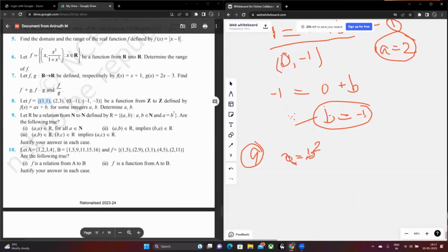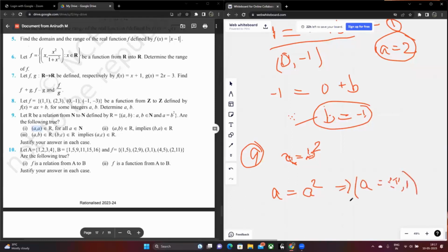Are the following true? First, (a, a) belongs to R. If (a, a) belongs to R, that means a equals a squared, which means a equals 0 or 1.